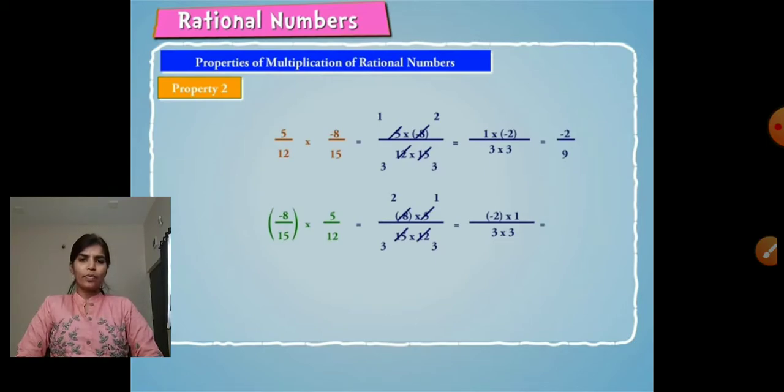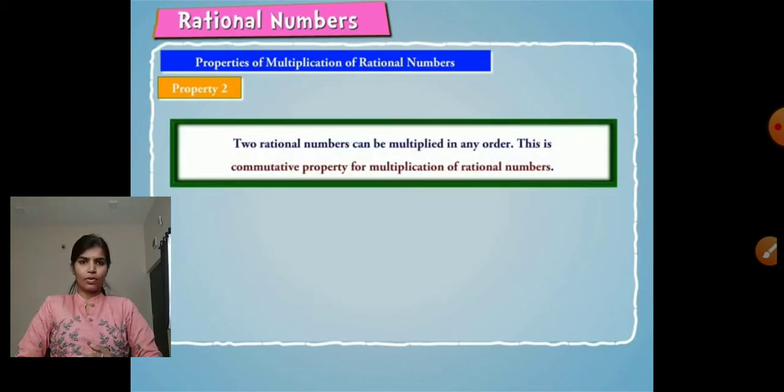That means 5 upon 12 into minus 8 upon 15 is equal to minus 8 upon 15 into 5 upon 12. That means no order is required to multiply rational numbers. Two rational numbers can be multiplied in any order.